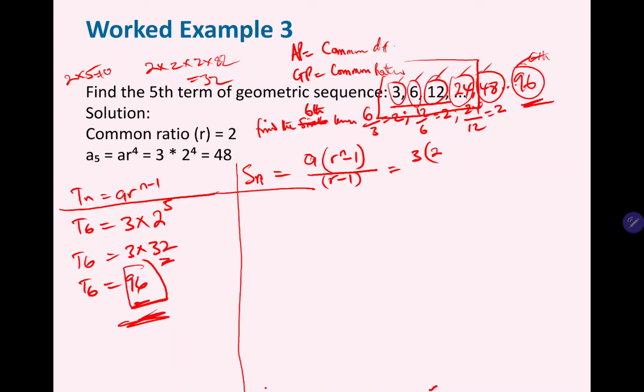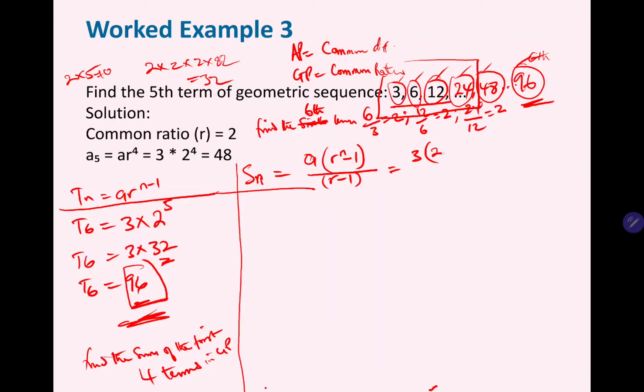How many terms are we looking for? Sum of the first 4 terms. Sum means addition. Sum of the first 4 terms in the GP, in the geometric progression. Okay, so we apply the formula.